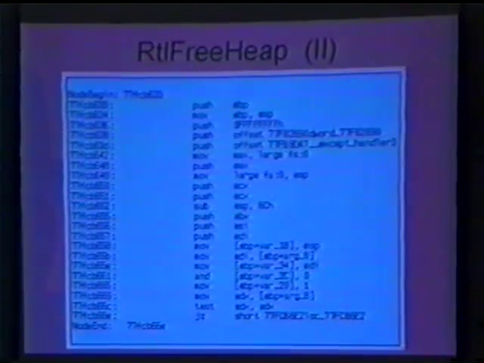So we got the standard function prologue of NTDLL functions for most of this block. At the very end, they move some variables around, and then they test whether the third argument to RtlFreeHeap is 0 or not. The third argument to RtlFreeHeap is the pointer to the block that's supposed to be freed. And if that is a null pointer, the free call is not supposed to do anything, but just return success.